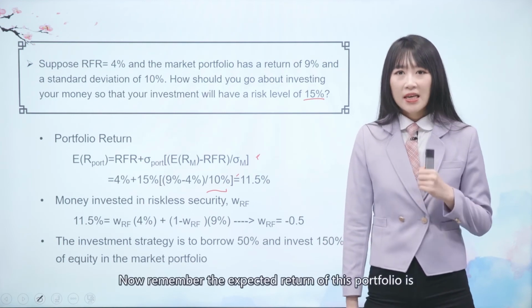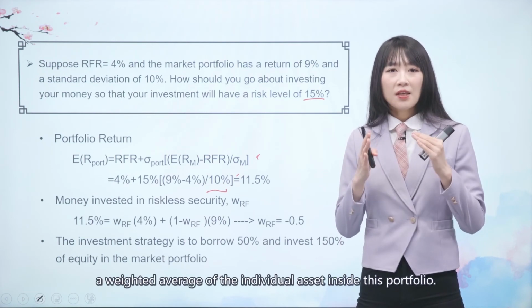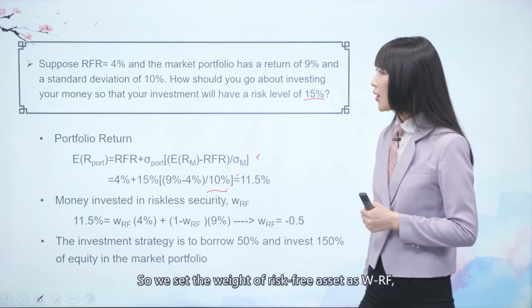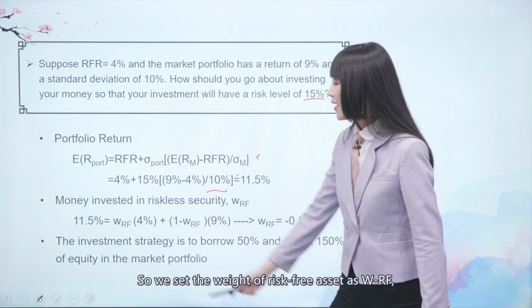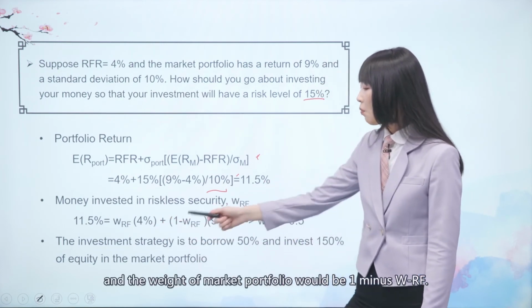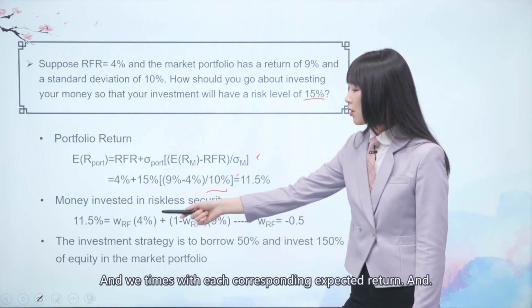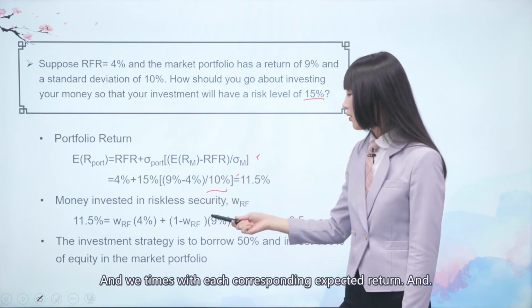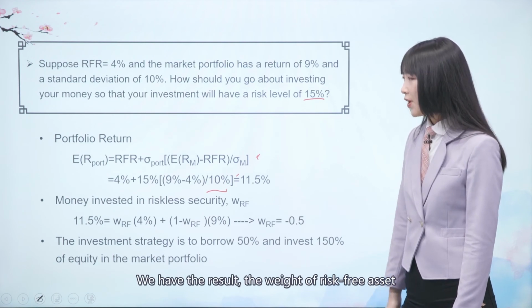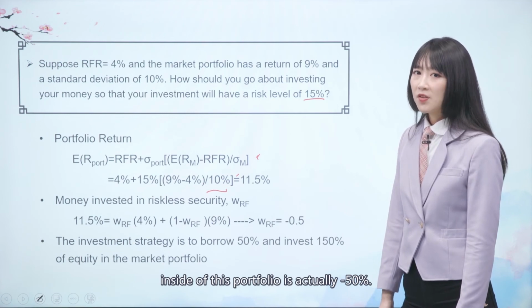Now, remember the expected return of this portfolio is a weighted average of the individual assets inside this portfolio. So we set the weight of the risk-free asset as WRF, and the weight of the market portfolio would be 1 minus WRF, and we multiply each by the corresponding expected return. And we have the result. The weight of the risk-free asset inside this portfolio is actually minus 50%.